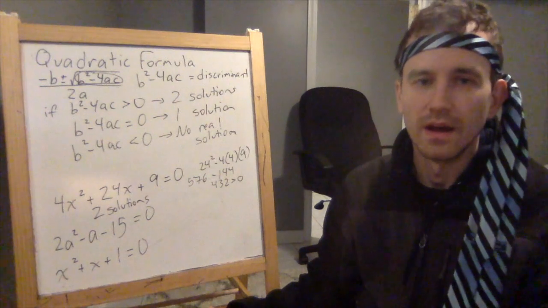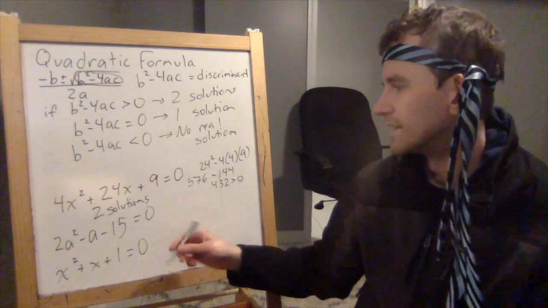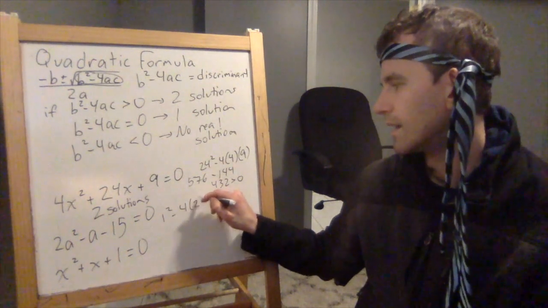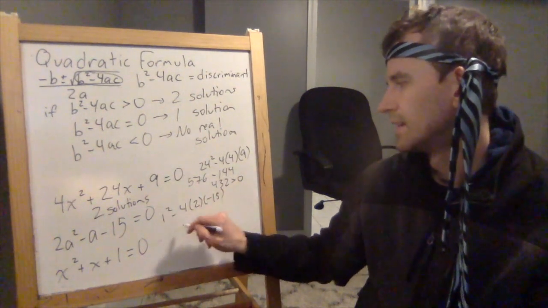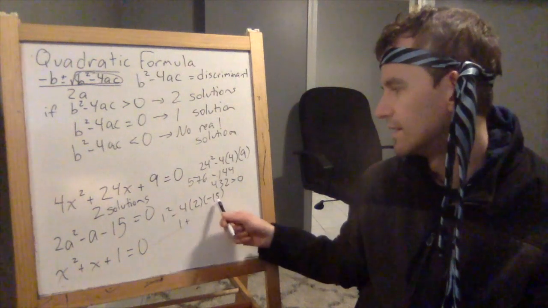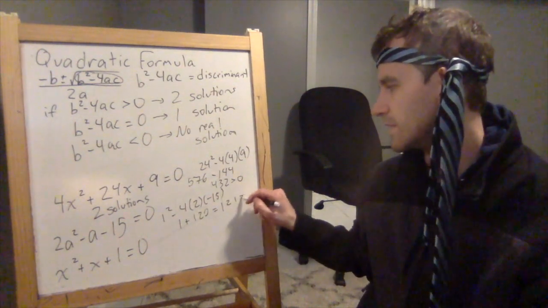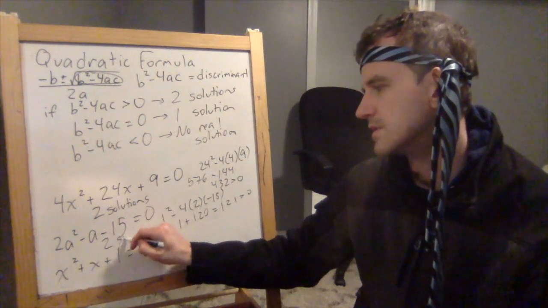2a squared minus a minus 15: b squared, 1 squared, minus 4ac. That's 1 plus 120, which is 121. That's bigger than 0. So this one would have 2 solutions.